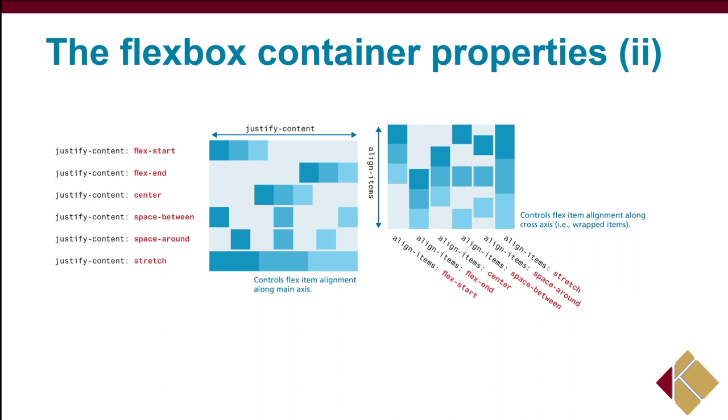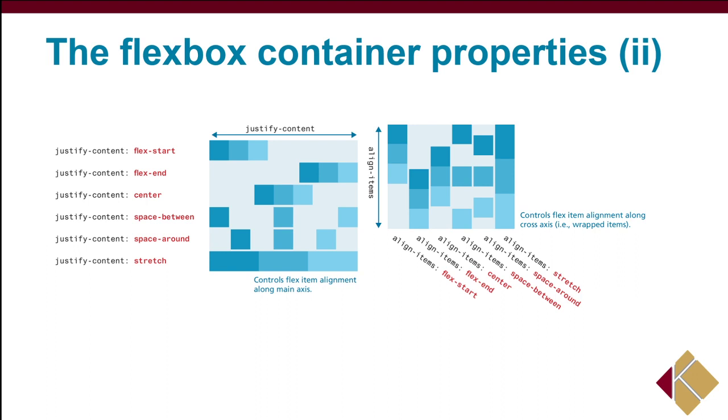Flex start means that it's going to start at that upper left and then go left to right, because remember, default is row. And then align items is going to be your columns. So flex start, top left. Flex end takes that last item and puts it at the very end of your container, and then fills in, still in that left to right direction.